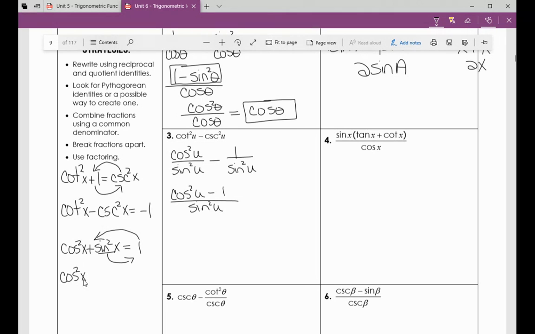So cosine square x minus 1 equals negative sine square x. So all of this is going to come out. I'm going to replace it with negative sine square u over sine square u, and I still get to my negative 1.